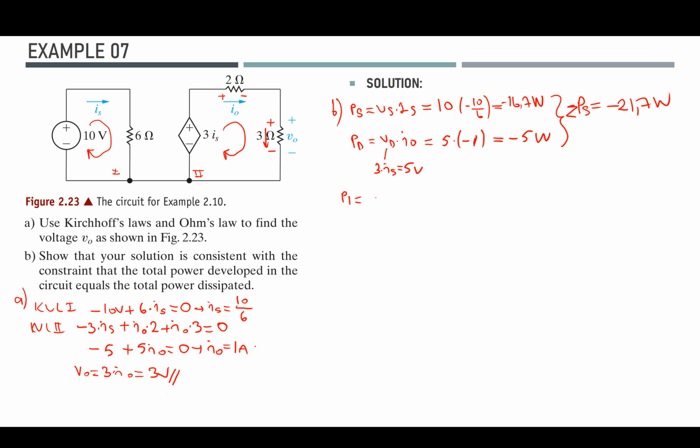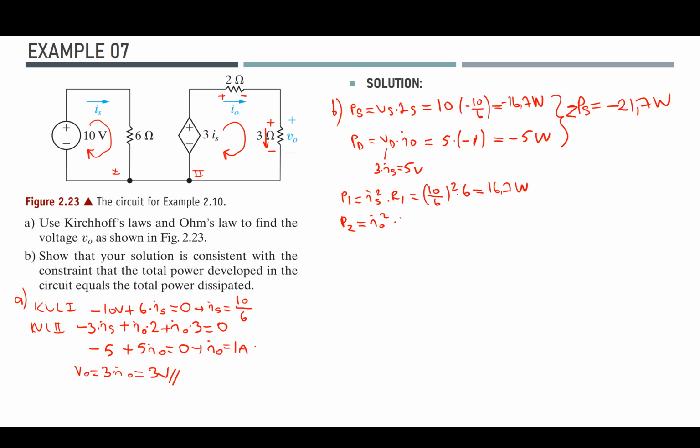I can easily calculate it since I know the currents. IS squared times R1. Then from here, 10 over 6 squared times 6 would give me 16.7 watts. And in the second part of the circuitry, the passive component, let's say R2, the 2 ohms resistor, the same applies there.